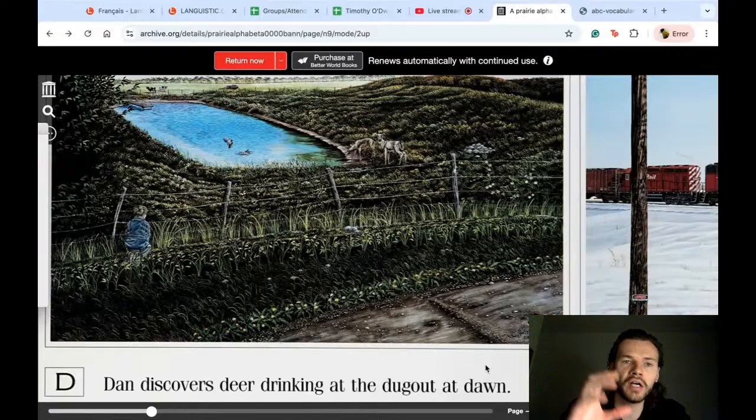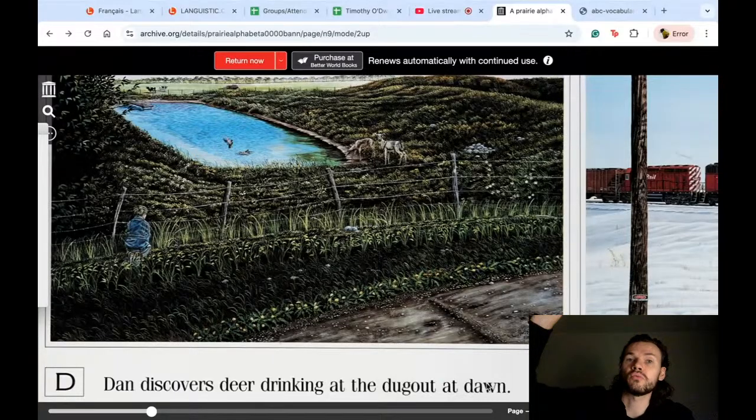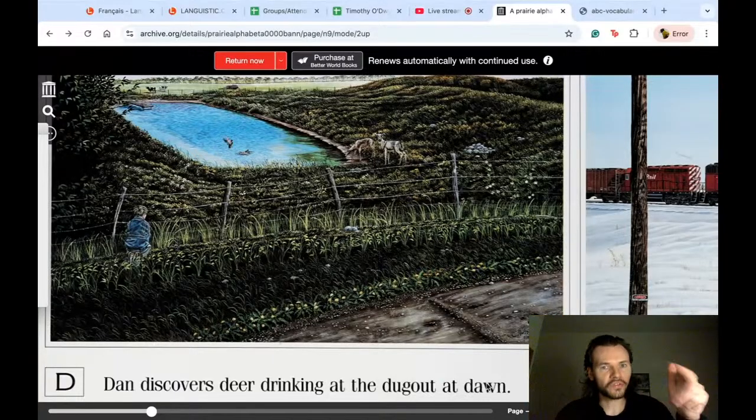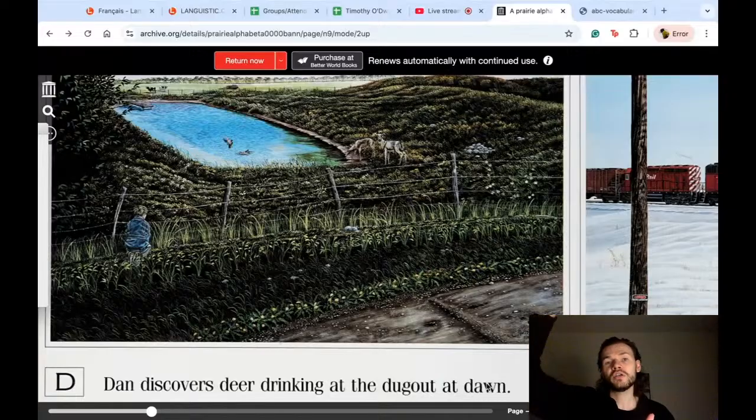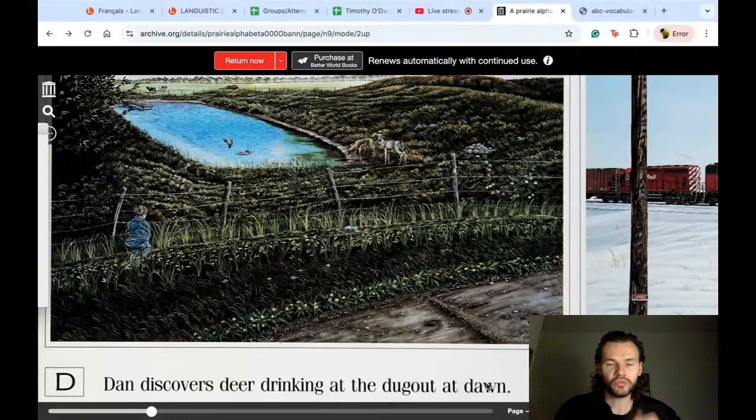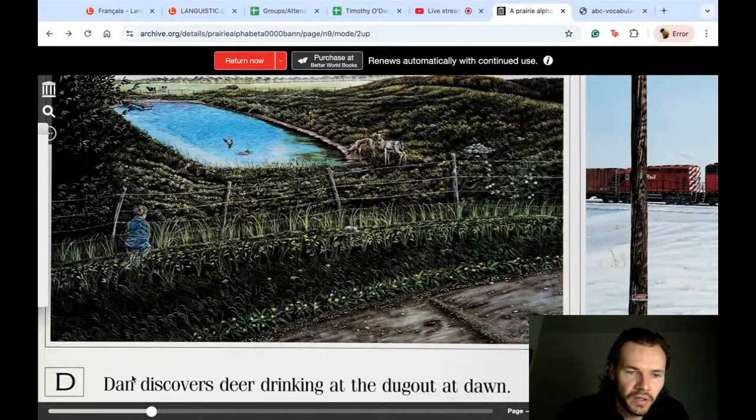So no sun, but there's still some daylight. Another D, daylight. And dawn is before the sun rises, but you can still see, right? So dawn before the sun goes up, and then dusk, kind of after the sun goes down, but you can still see. Dawn and dusk. So Dan discovers deer drinking at the dugout at dawn.